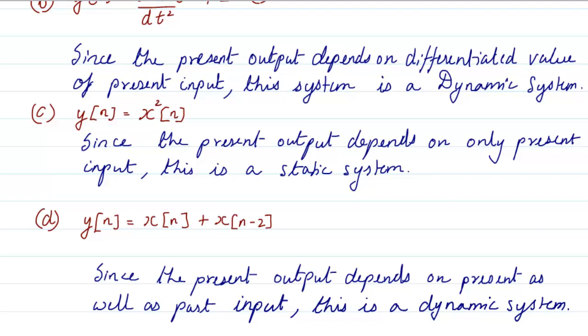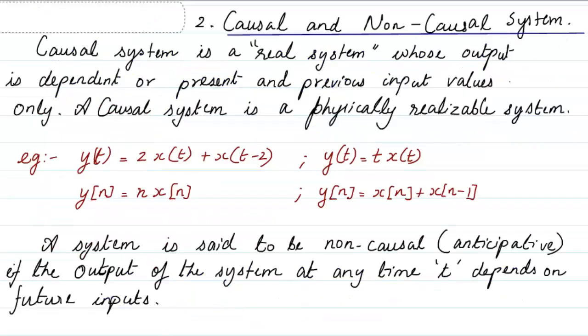Let us look into the second classification, causal and non-causal system. A causal system is a real system whose output is dependent on present and previous input values. That means only present and previous, or I can say present or previous.